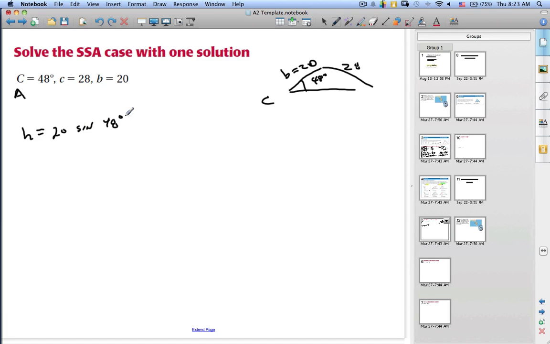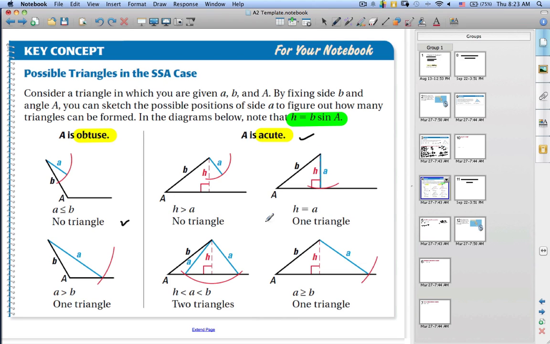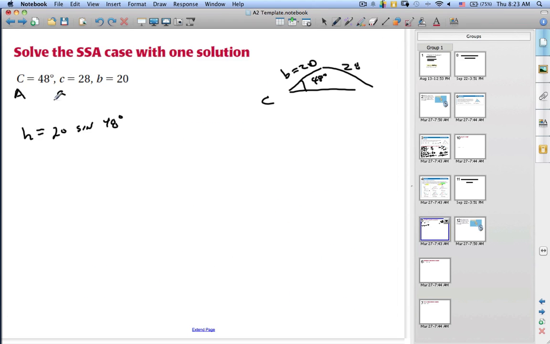And we want to see what that value is so we can compare it to this other side, side C. So in relation to the way they presented it here in this diagram, you just want to think of angle C as angle A, and side C as side A.